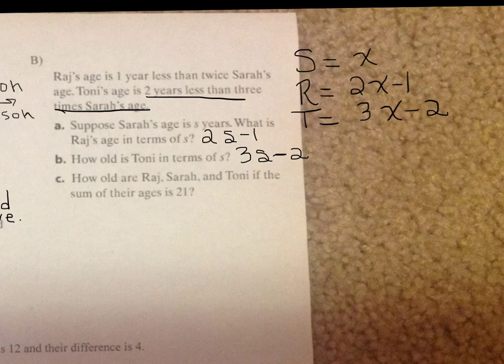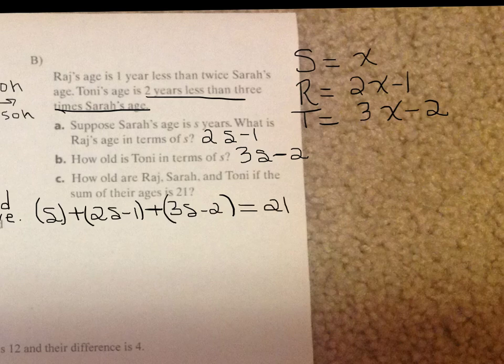So what I'm going to do here is combine all of these equations. I'm going to use S for Sarah, 2S minus 1, plus 3S minus 2, and they all equal 21.